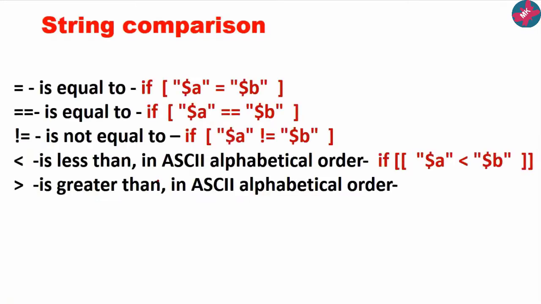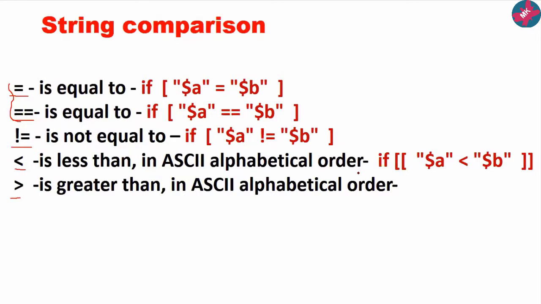The next new thing is string comparison. Here also, if you want to compare two strings, you can use either equals to or double equals to. In string operations, both mean the same. If not equals to, then this symbol is used, and less than and greater than comparisons are done according to ASCII alphabetical order.